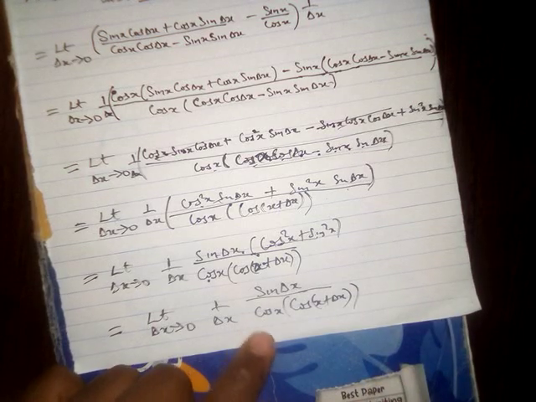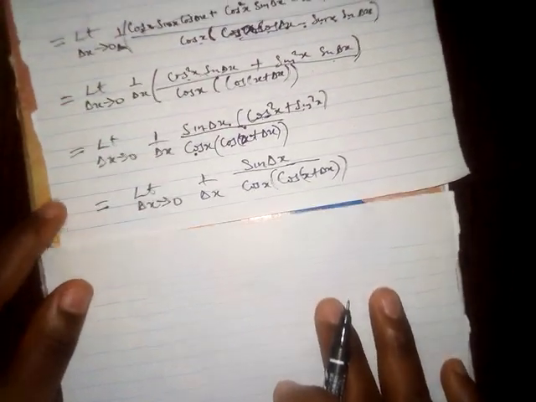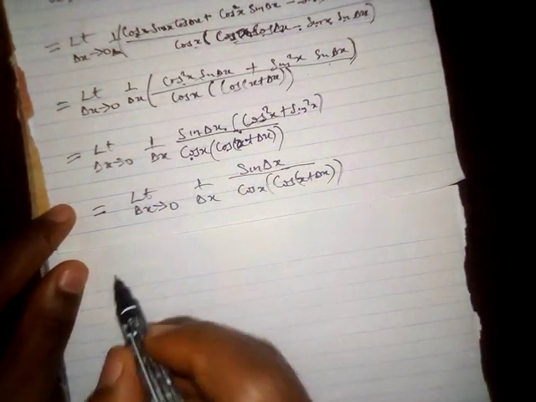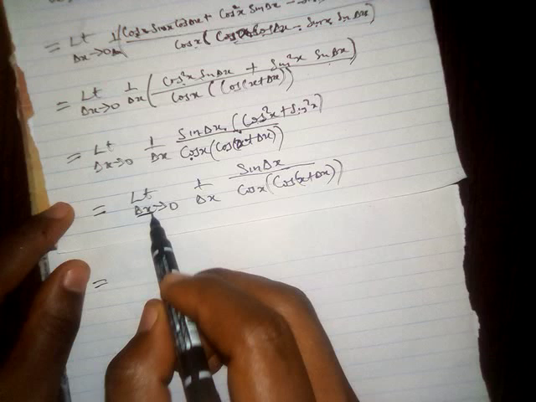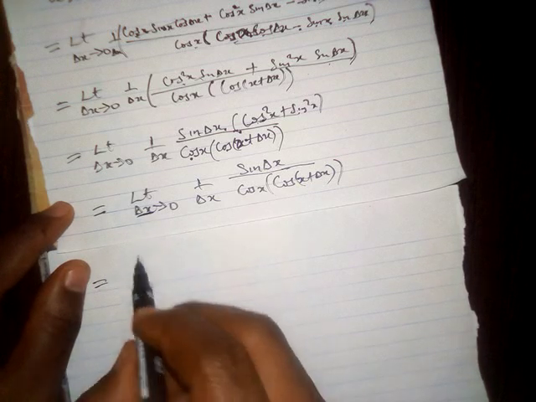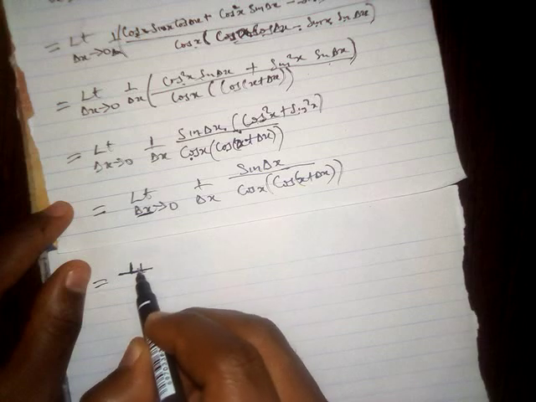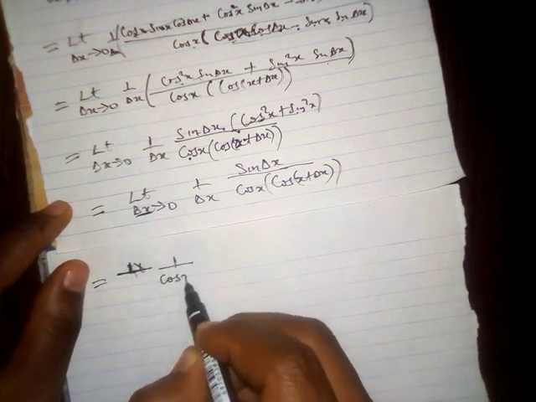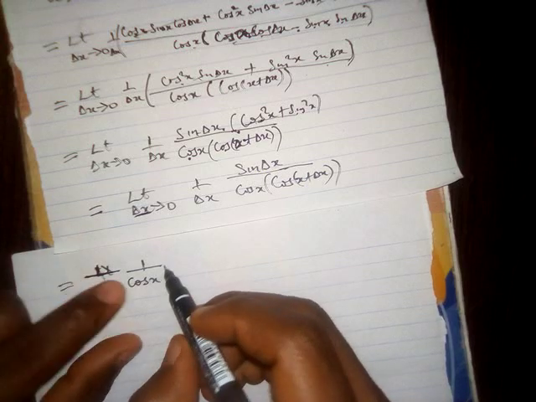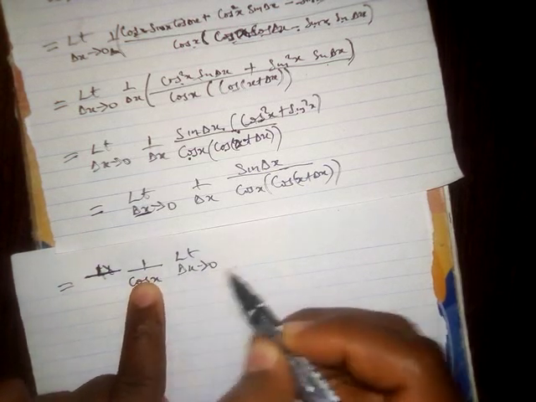So what we are going to do next is remove 1 over cos x outside, since the limit is with respect to change in x. So we are going to have 1 over cos x. Then we write the limit as change in x approaches 0.